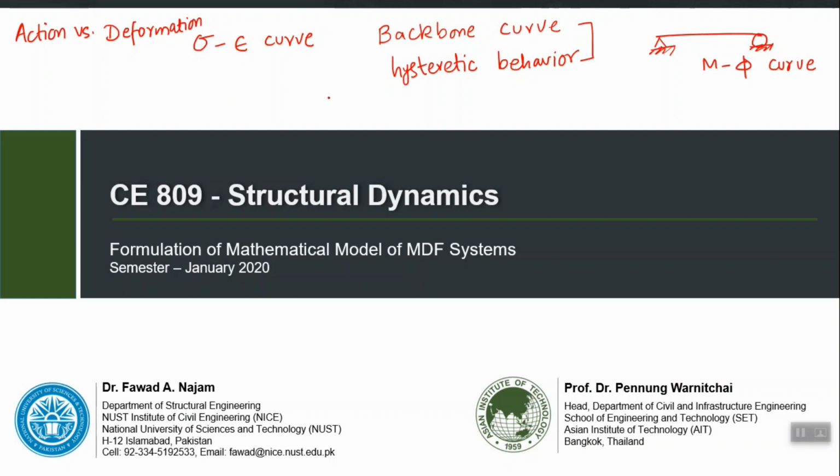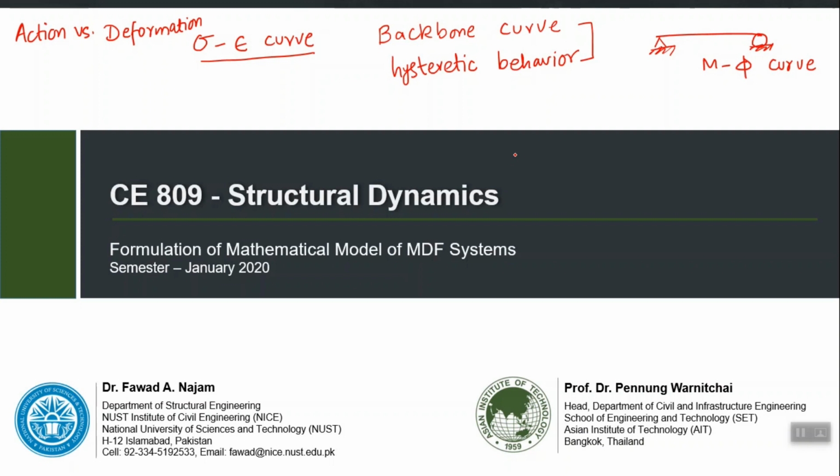So whether it is a material, cross section, member or full structure, all four levels will have their own action and deformation curves, which show us their complete behavior. For example, just imagine a material with a given stress strain curve. The stress strain curve is one example of an action deformation curve at the material level, and it gives us a complete picture, or complete life span, of that material.